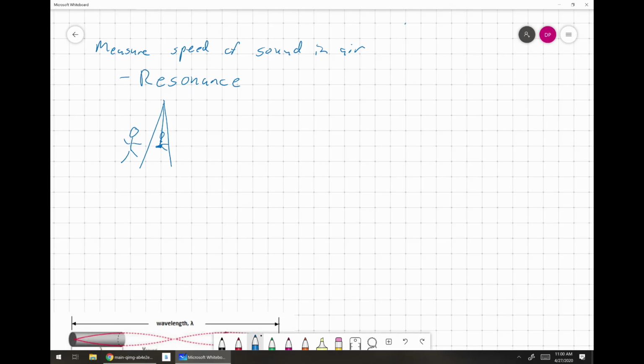So just probably from experience, if this person just pushes at random times, then motion is never going to be very large, right? Because these points in time when the force is applied could kind of cancel out any of the natural oscillation taking place.